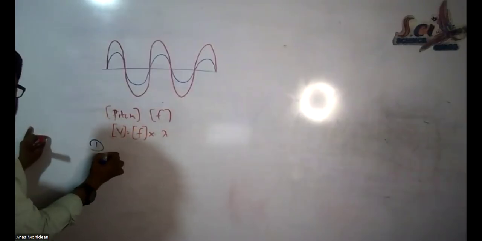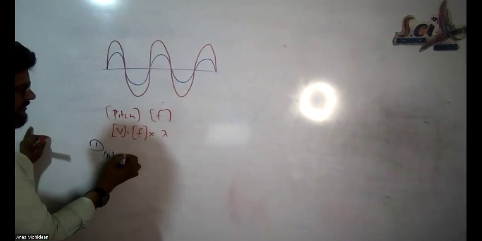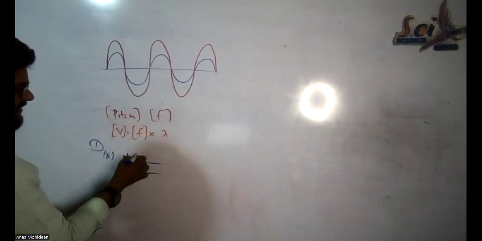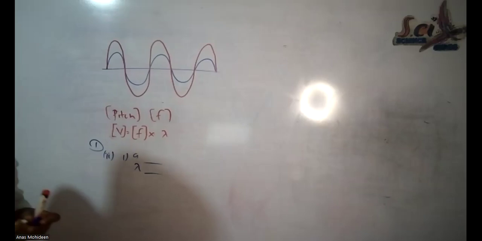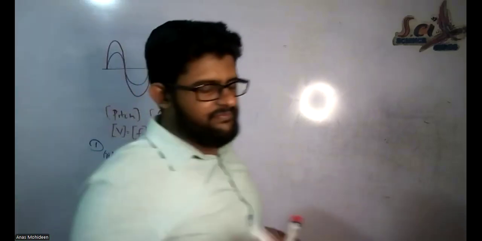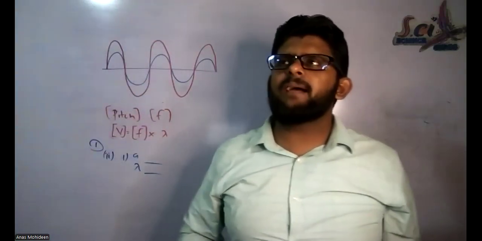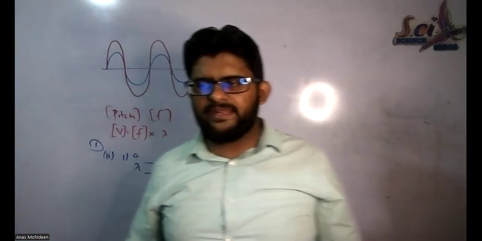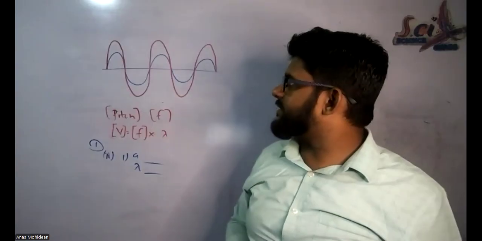So take question 2, question number 1. Right there, we have two lines for amplitude and wavelength. One is for amplitude, the other one is for wavelength. Amplitude increases as the loudness is increased.